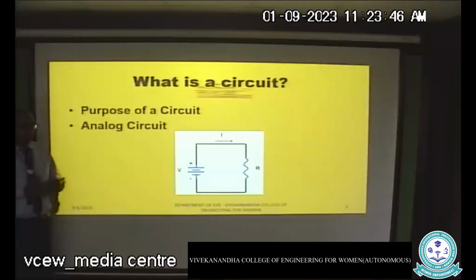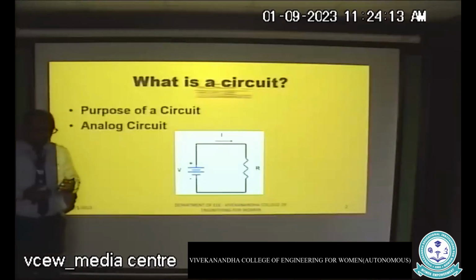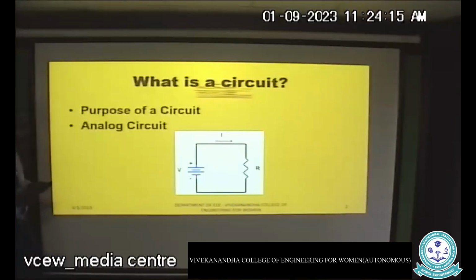For example, if you are growing sugarcane and want to transport it to a sugar mill, we need a type of transportation, networks, and communication between the farmer and the sugar mill. So we need connectivity, not just physical connectivity, we need communication also. That gives you a circuit.